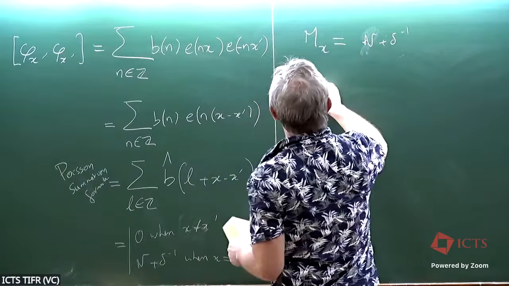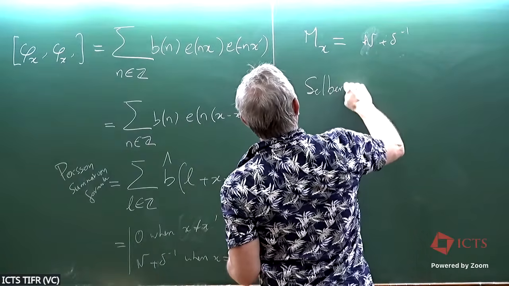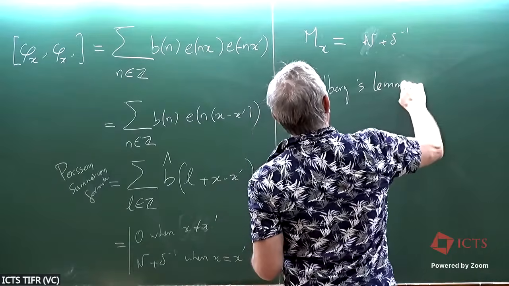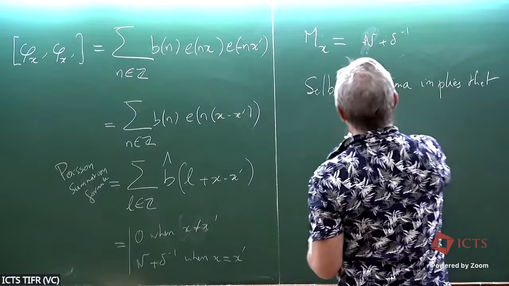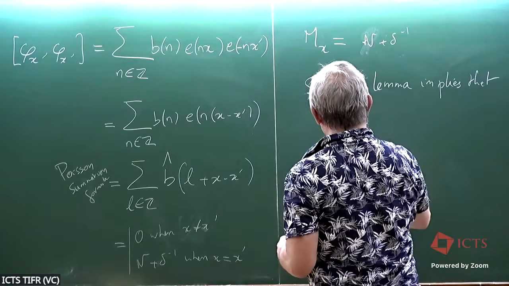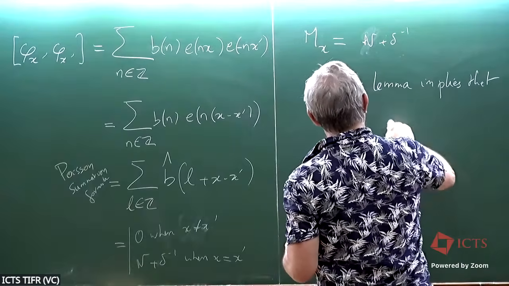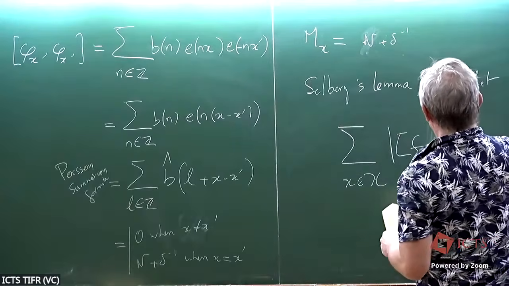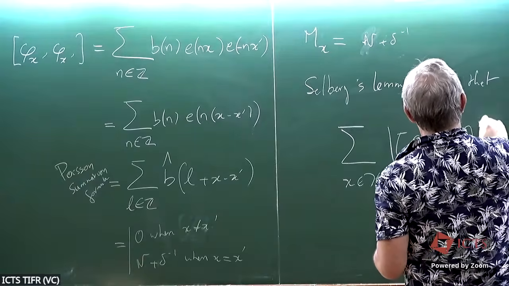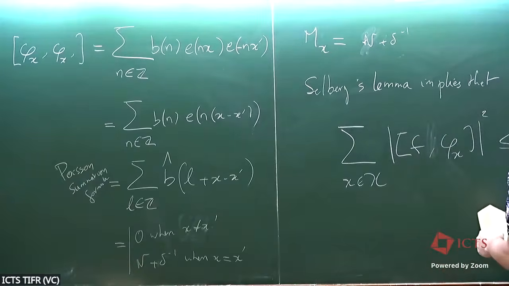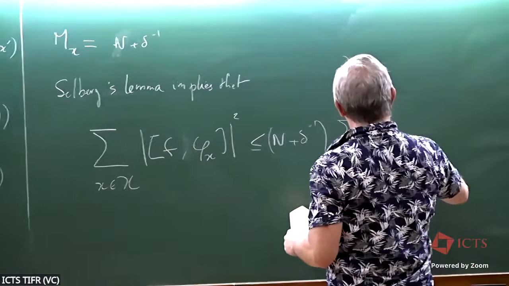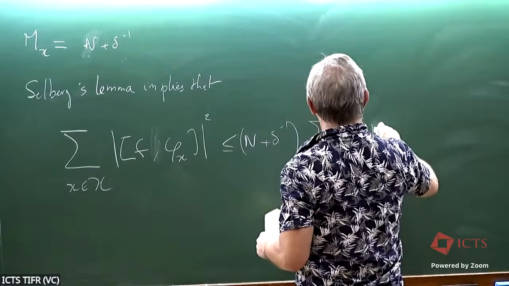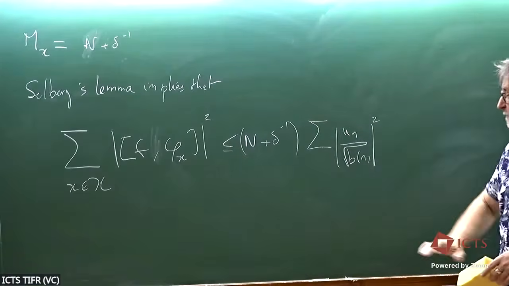And Selberg's lemma gives me the sum for x in my big X of the square of f scalar phi x less than n plus delta minus 1 times the sum of u_n upon square root of b_n squared. That's my L2 norm of f.